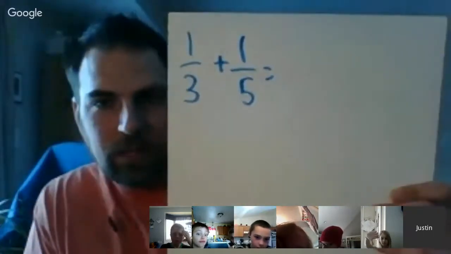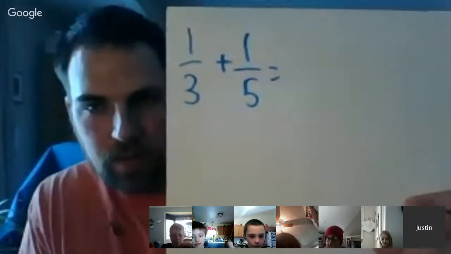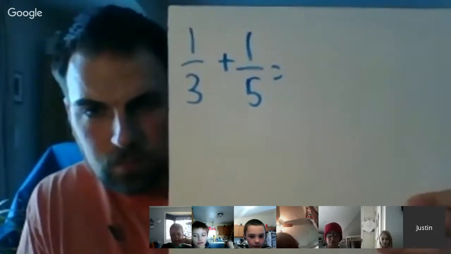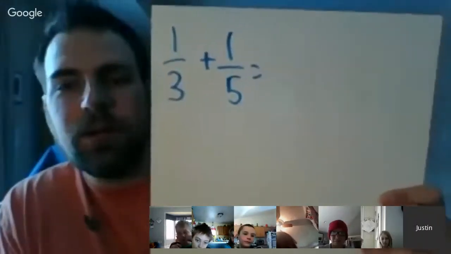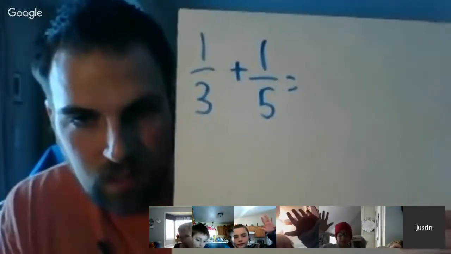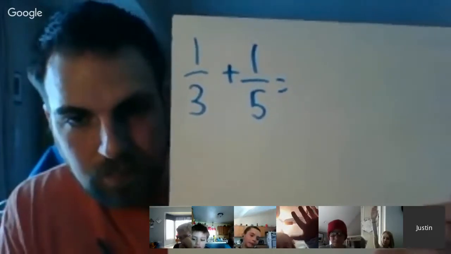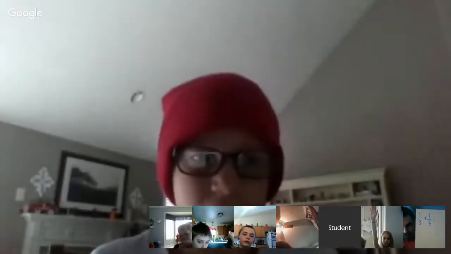And what do we need when we're trying to add or subtract fractions? Could you repeat the question? Yes, what do we need when we're adding or subtracting fractions? Corinne. You need like denominators. Right.